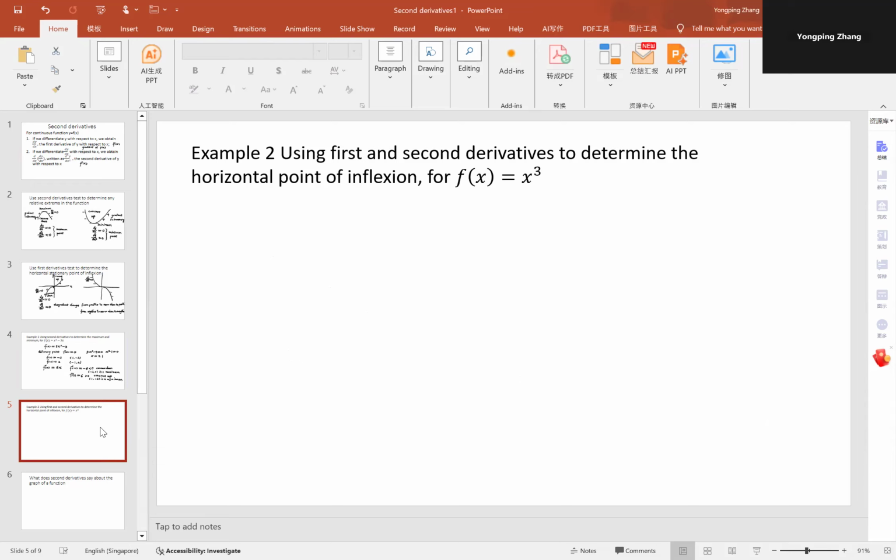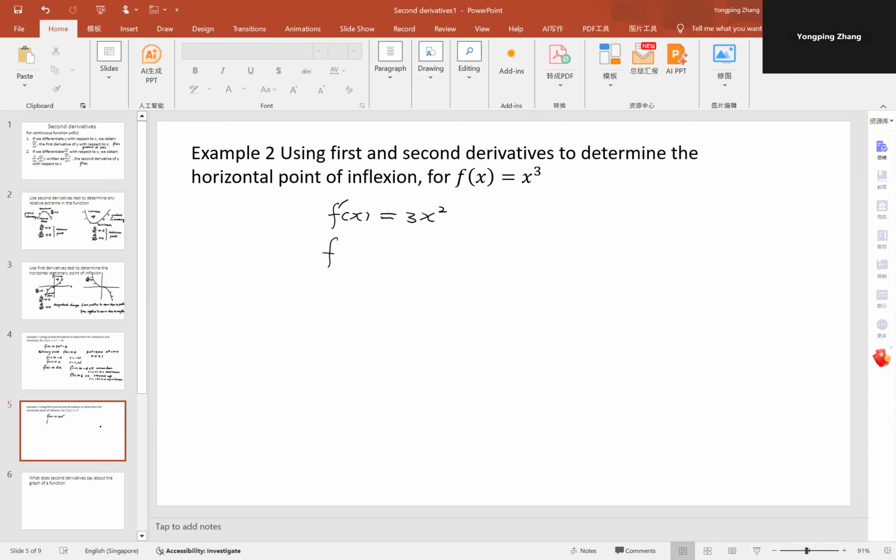Example 2, we use f(x) equals x cubed. So f prime x equals 3x squared.